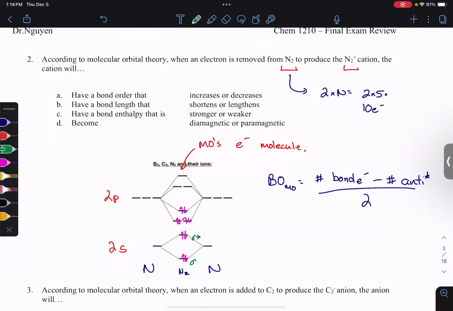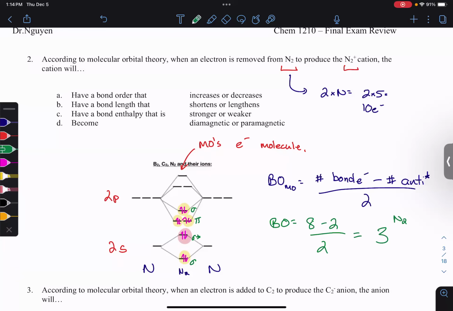Sigma, sigma star, pi, sigma. So when we look at this diagram, there's a total of 1, 2, 3, 4, 5, 6, 7, 8 electrons in bonding orbitals, minus 2 electrons in anti-bonding orbitals divided by 2. Bond order of regular neutral diatomic nitrogen is 3, right?